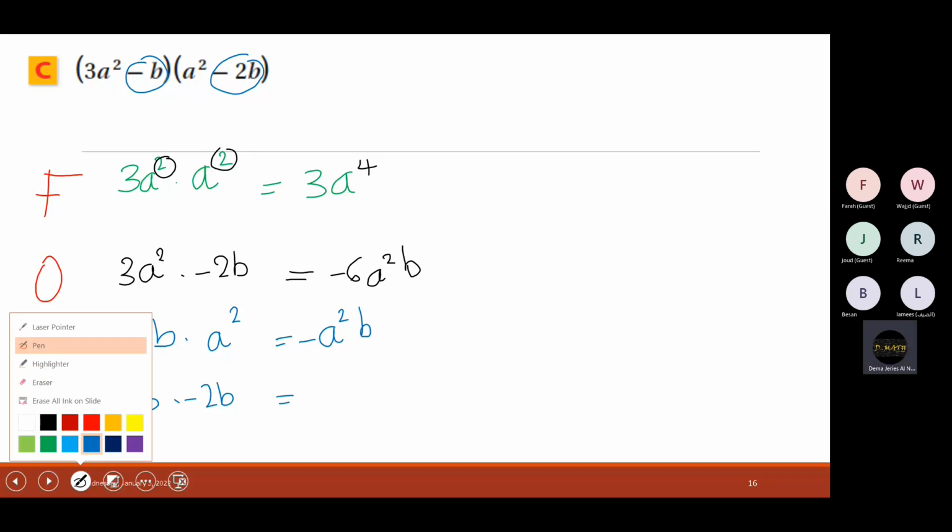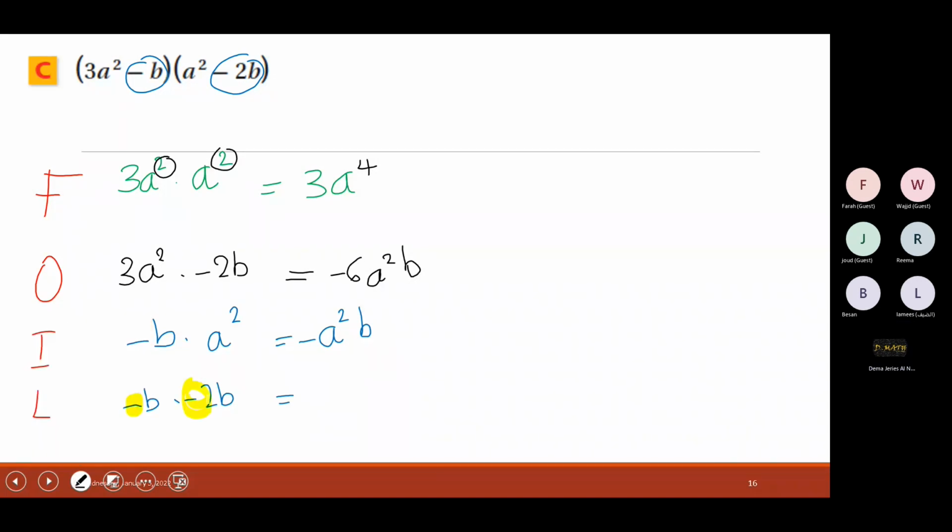First, you have to multiply the constants here. Negative 1 times negative 2. Negative times negative. Positive 2. Bravo. And then b times b. b to the power of what? 2. Thank you.